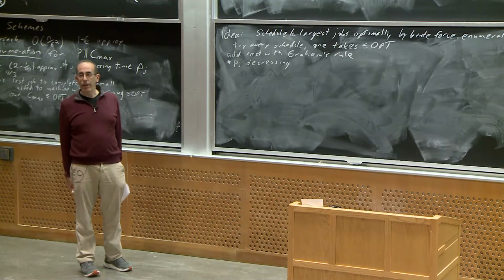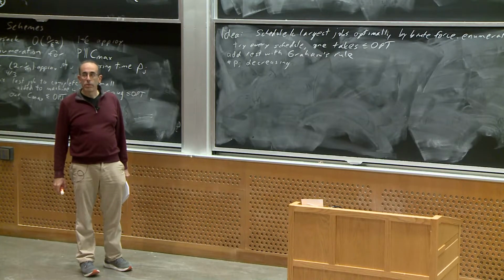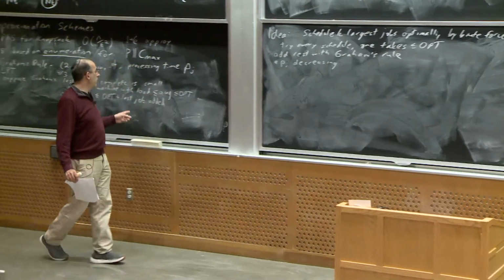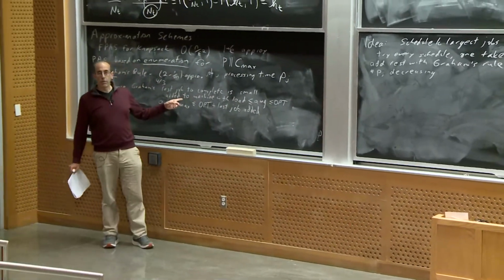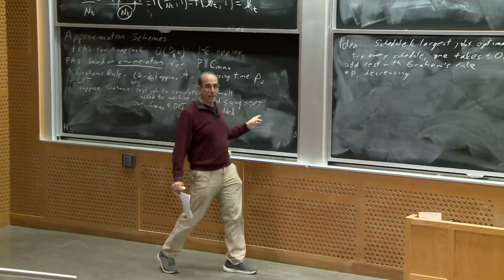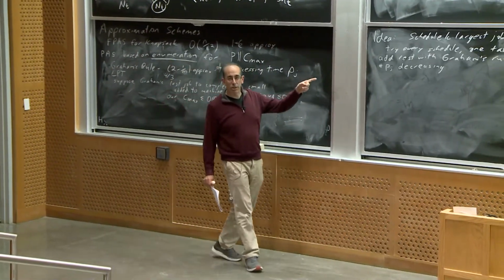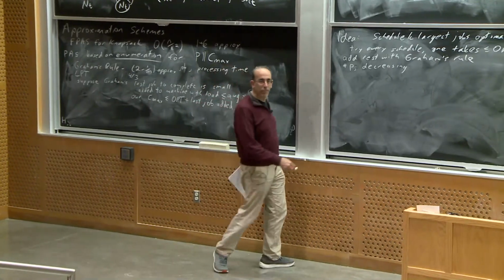What determines the final value of our schedule? Well, as we've seen over here, the issue is what is the job that got added that determines Cmax, right? And the worst case is if that job that we add that determines Cmax is the next biggest job, namely Pk plus 1, right?